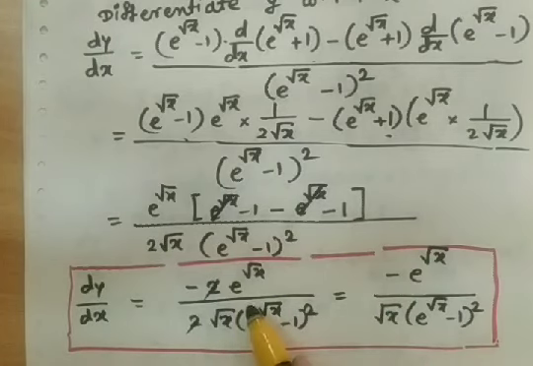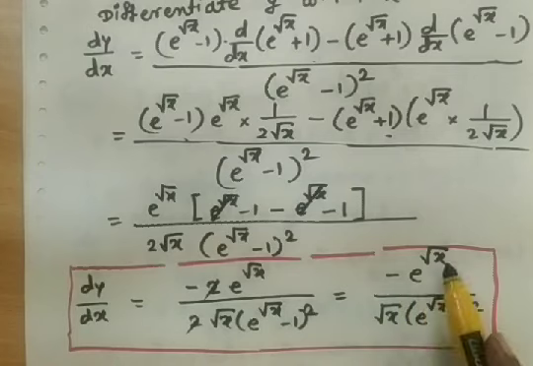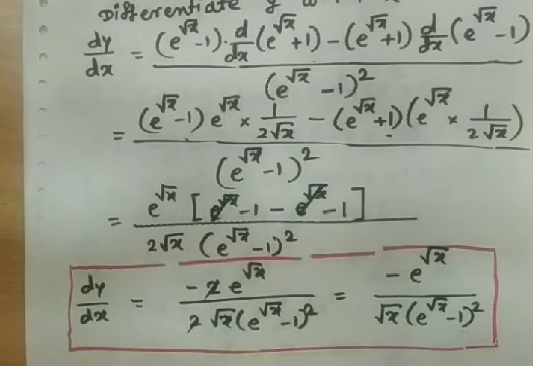E raised to root of x, the remaining terms is e raised to root of x divided by 2 root of x into (e raised to root of x minus 1) whole square, and the final answer is equal to, this 2 and this 2 get cancelled out, minus of e raised to root of x divided by root of x into (e raised to root of x minus 1) whole square.